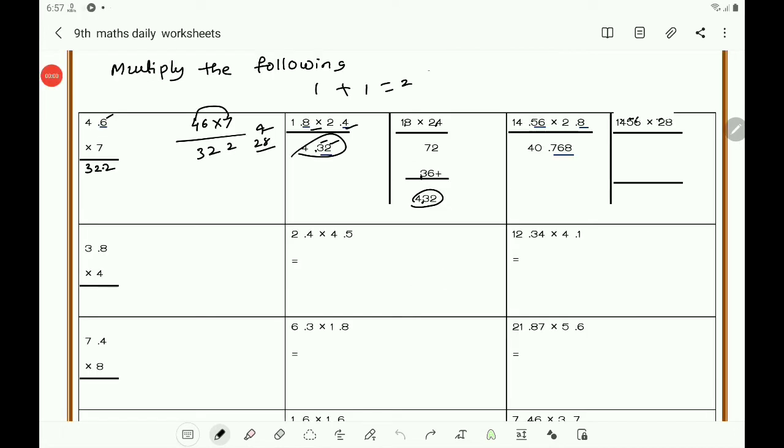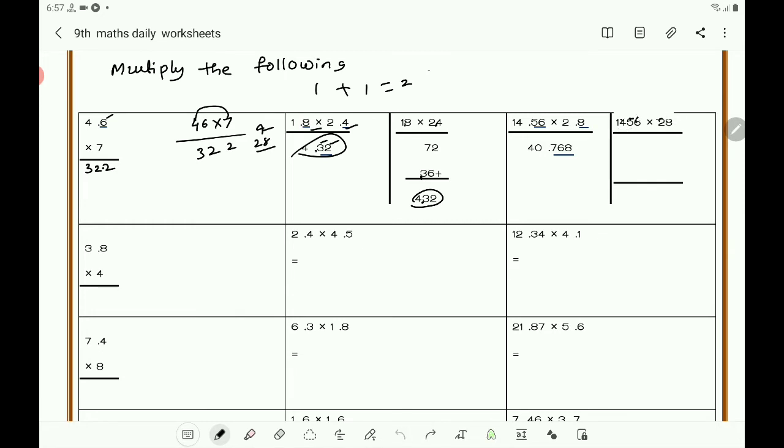Similarly, you take the product of 14.56 into 2.8. To take this product, first you get the product of 1456 into 28. Here, first you multiply it by 8. 1456 into 8.